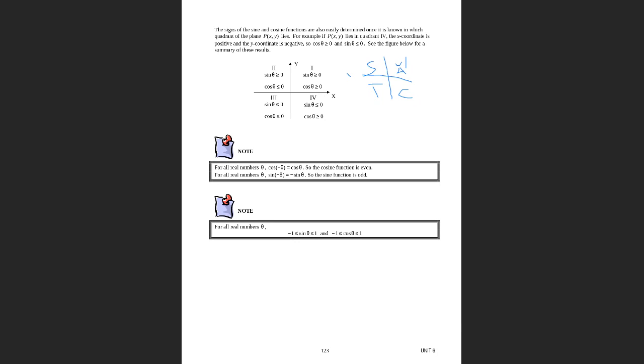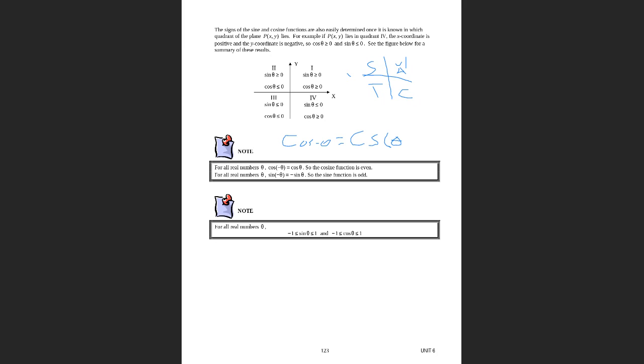Then another thing that you also have to note is this property of trigonometric functions. When you have a cos of any negative angle, it's always equal to the cos of the positive angle.